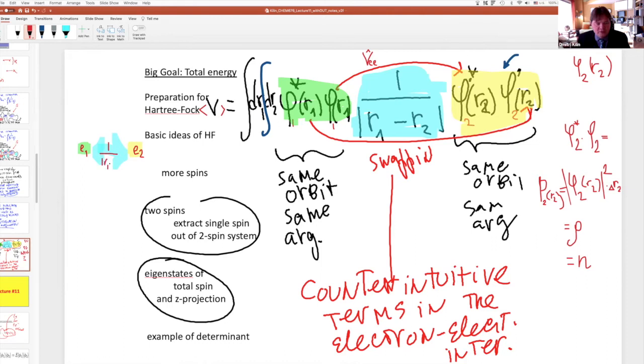So R1 minus R2, as we accepted in classical physics. So this expression with integrations adds together possible localization of electron 1 and 2 in space and adds their interaction energy to the average value.